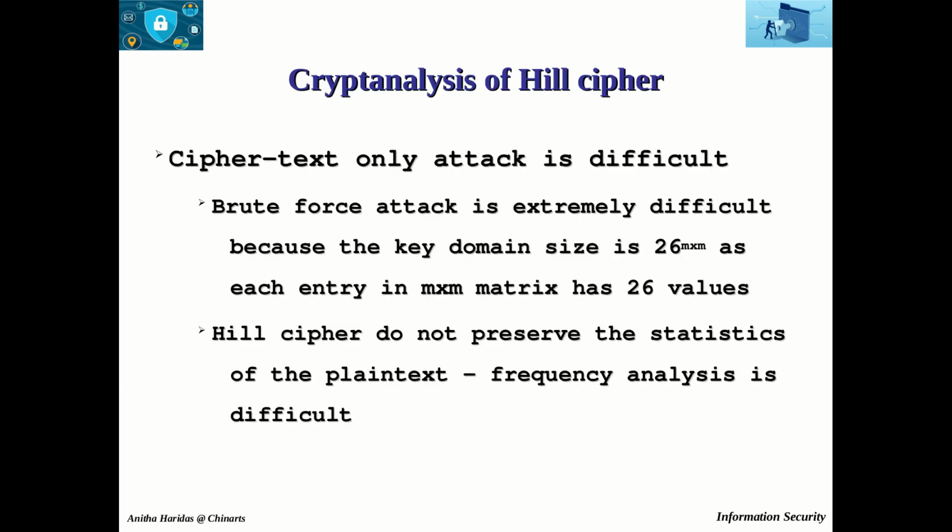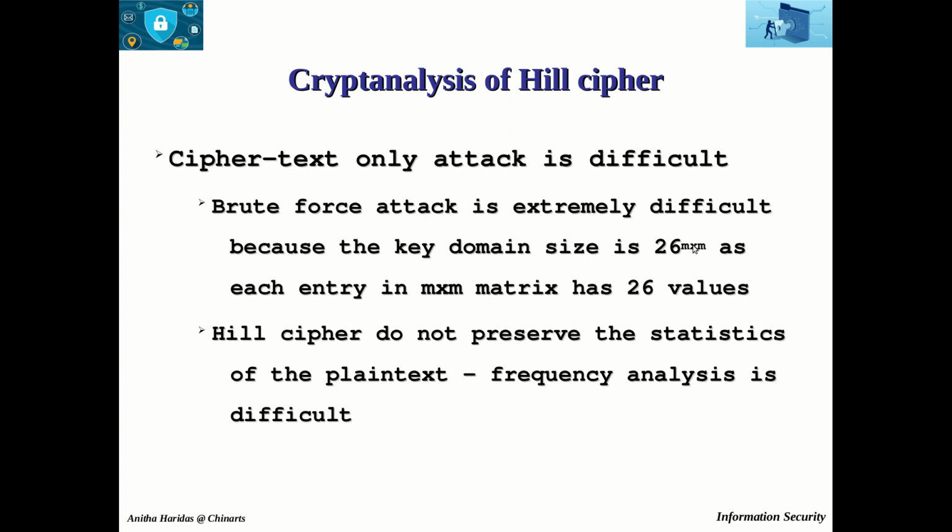Now in the Hill cipher, we should understand the cryptanalysis part. If you see the cryptanalysis of the Hill cipher, the ciphertext only attack is very difficult here because the brute force attack is extremely difficult, since the key domain size is going to be 26 power m by m.